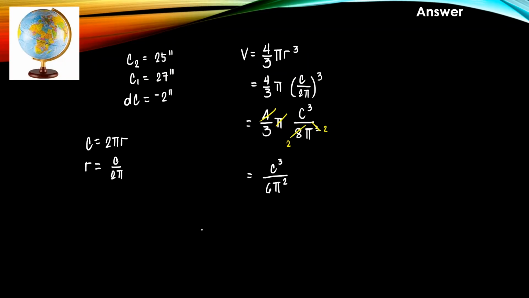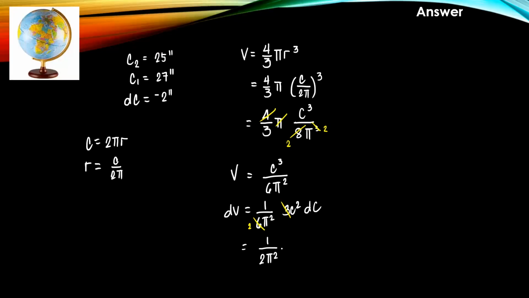So far, can you follow the formula for the volume? All right. So let's solve for the differential in volume. The 6 and the pi squared are constant, so I will move that out. This one becomes 3c squared dc. So let's try canceling out what we can cancel. That's 1 over 2 pi squared.